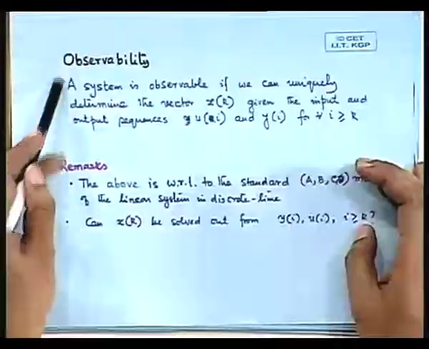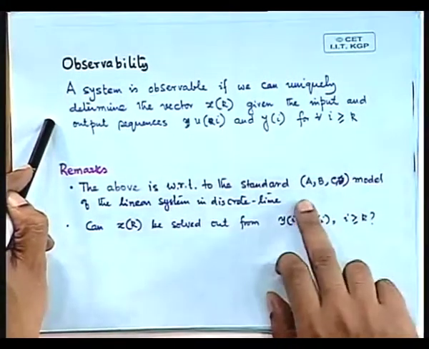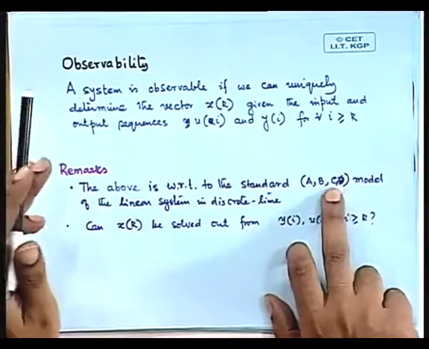Actually, if you see books, you will find there are many definitions of observability. They can be shown to be mathematically equivalent. This is probably the one which is the most popular, but there are many others. Note that we will assume this is with respect to a standard ABC or even ABCD model.